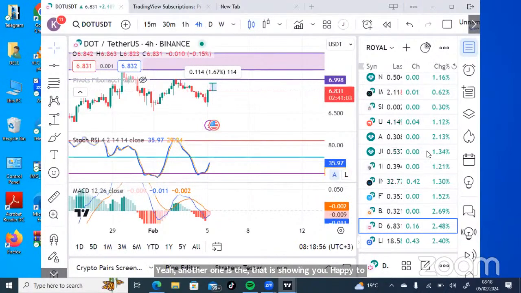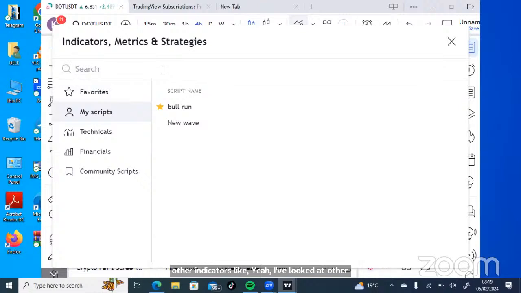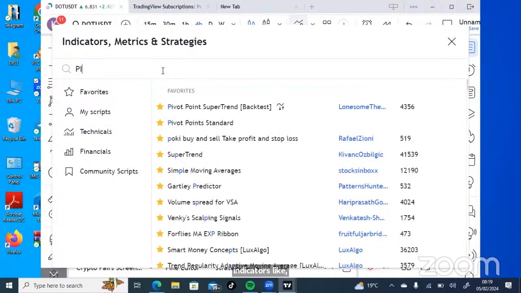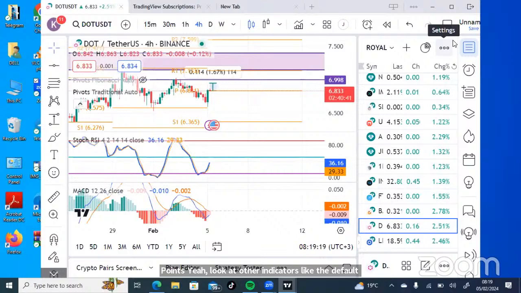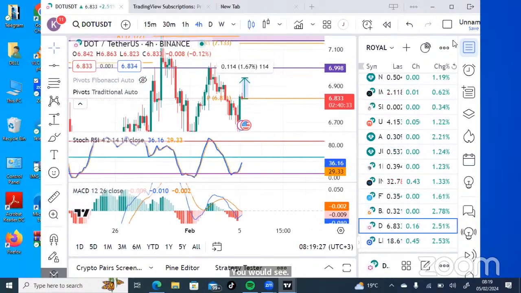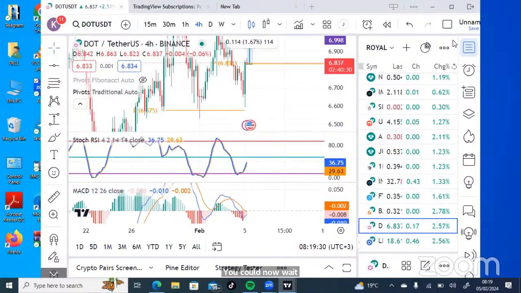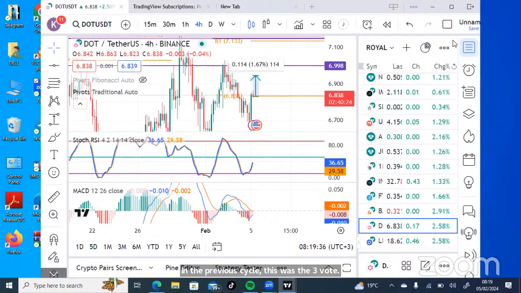Don't forget that we have also looked at other indicators like the pivot point standards. You could now wait, because in the previous cycle, this was the pivot, and it went up to the resistance.